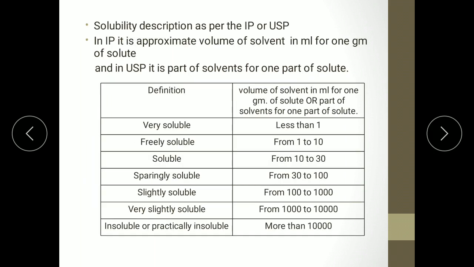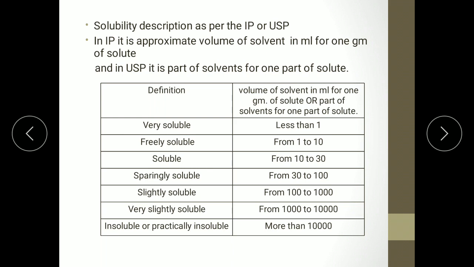According to IP and USP, solubility of solute is divided into 7 parts. According to IP, suppose 1 gram of solute is dissolved in 1 ml of solution, the solute is called very soluble, and as per USP, 1 part in 1 ml. Like that, 1 gram in 1 to 10 ml is freely soluble, or 1 part in 1 to 10 parts is freely soluble.